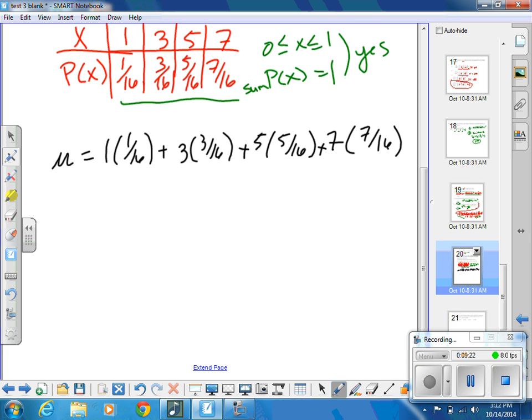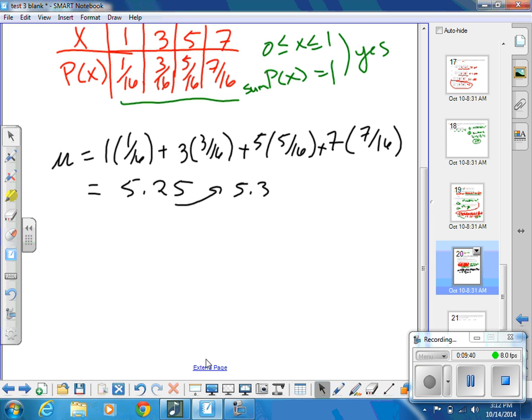Now, punch all this into the calculator, and you should end up with 5.25 for your mu, okay? Now, if my mu is 5.25, I do have to round this to 5.3.